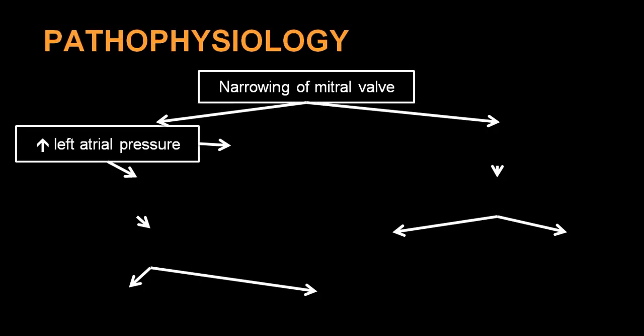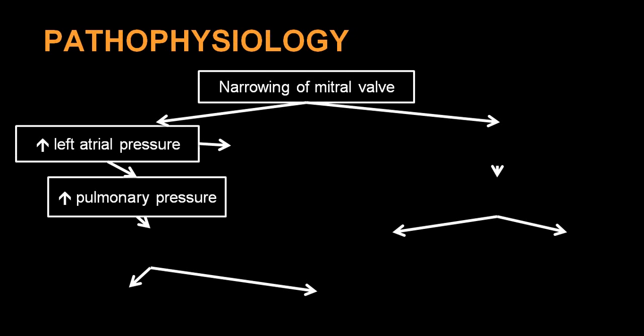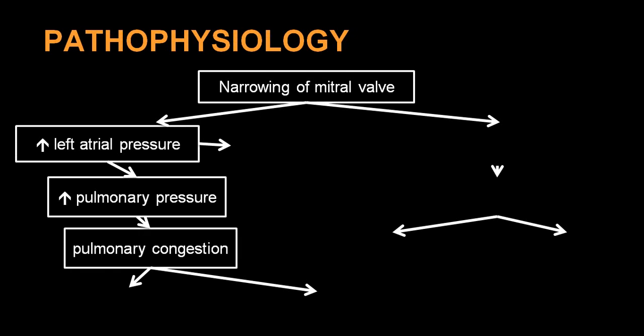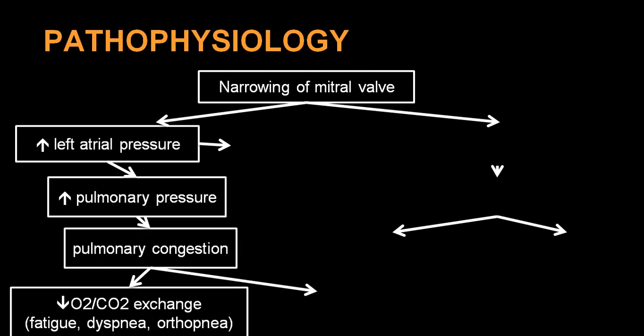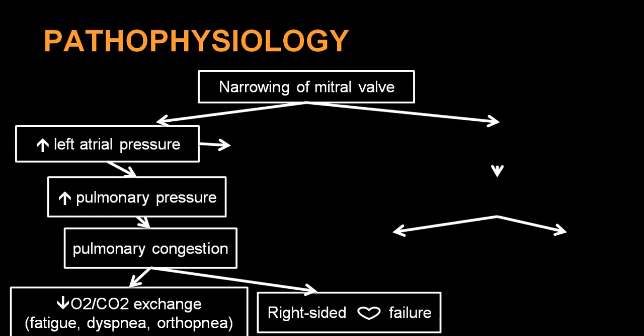So this is a normal mitral valve, which will increase the left atrial pressure, increase pulmonary pressure, cause pulmonary congestion and decrease oxygenation, which will produce fatigue, dyspnea, orthopnea, and right ventricular pressure elevation, and you can get right side failure.